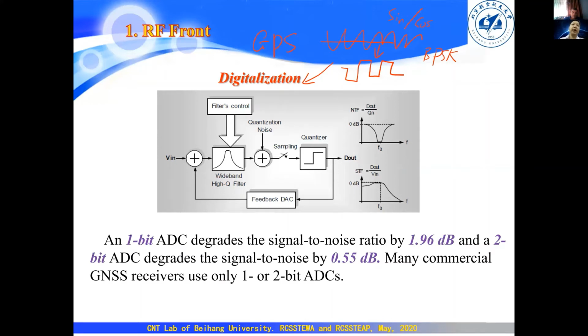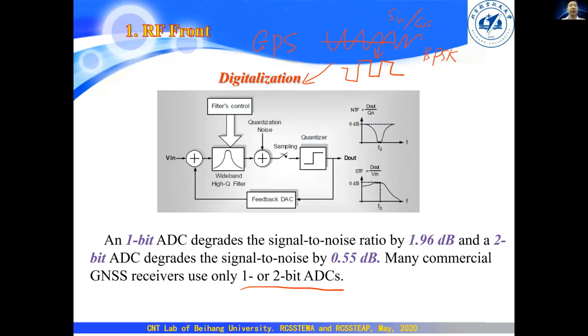In GPS, we commonly use a 1 or 2-bit ADC. This is enough for the receiver, because the signal is lower than the noise, so very low bit quantization is enough.